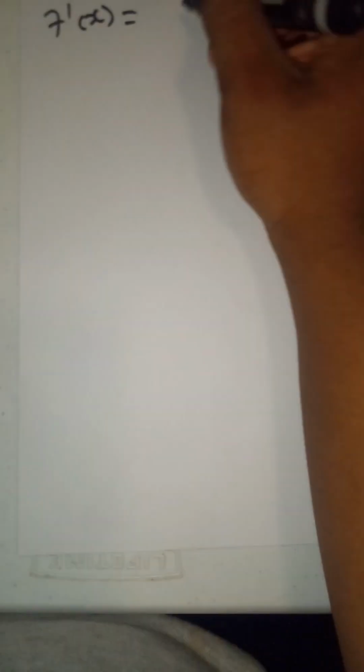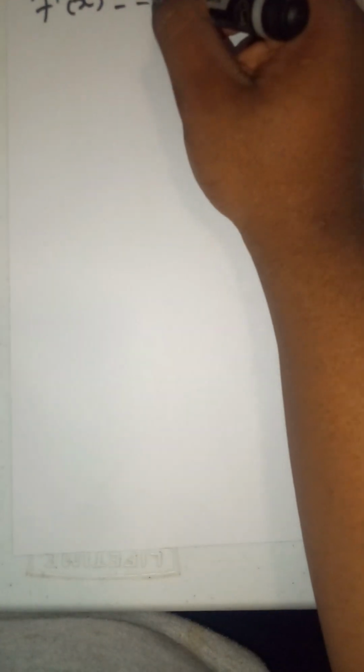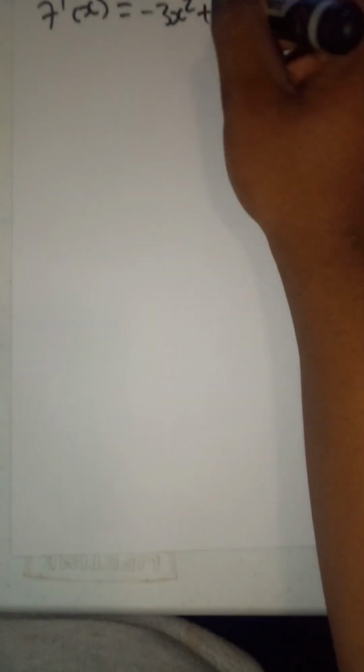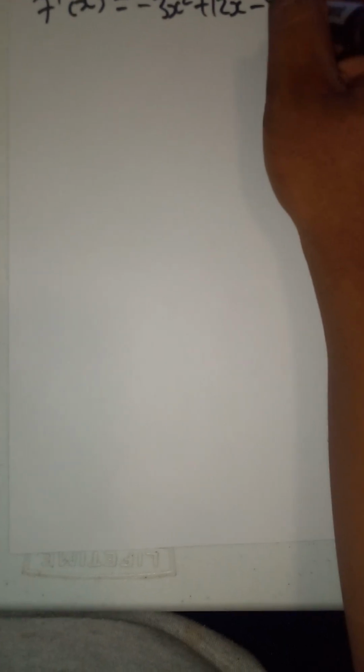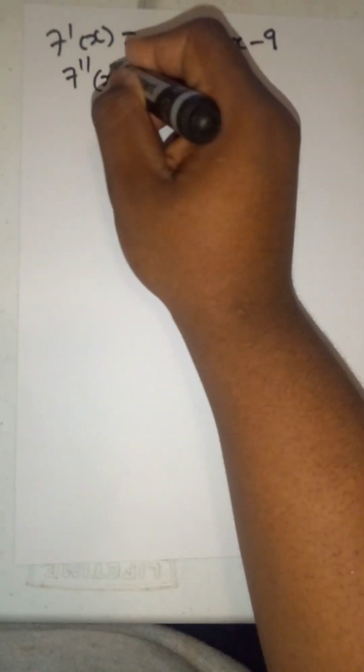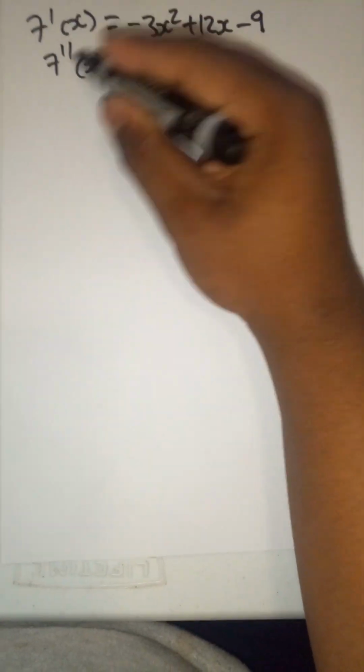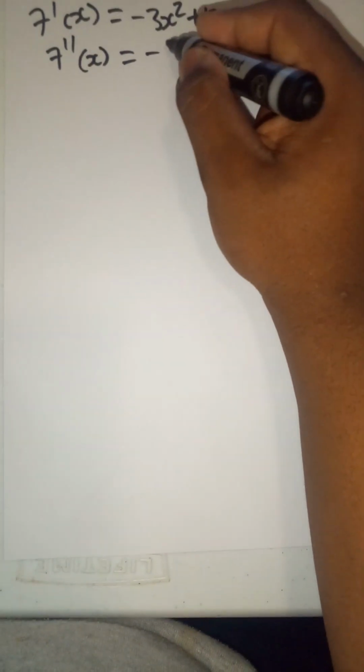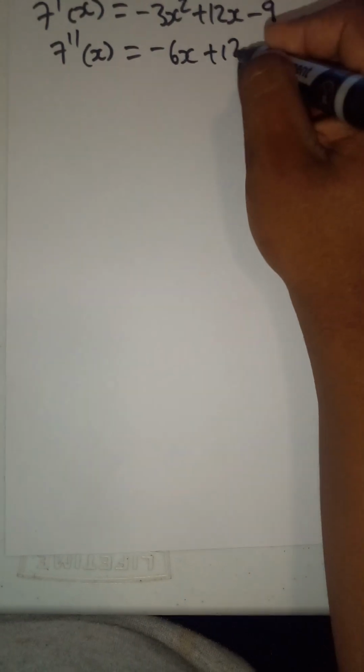Already we deduced that the first derivative f'(x) is negative 3x squared plus 12x minus 9. But now, for the point of inflection, that is when you'll have to find the second derivative. So it will be negative 6x plus 12.